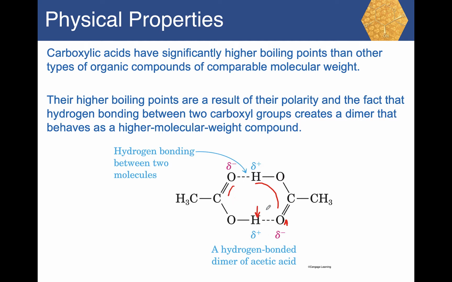This is an effective way of hydrogen bonding between molecules of carboxylic acids. Hence, as you can expect, this increases the boiling points of these liquids, because these hydrogen bonds must be broken in order for vaporization.